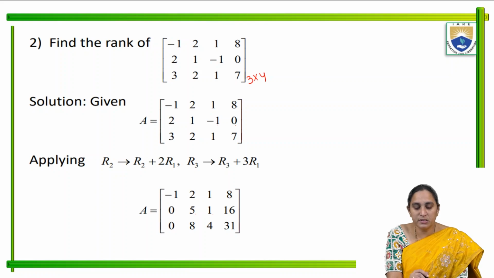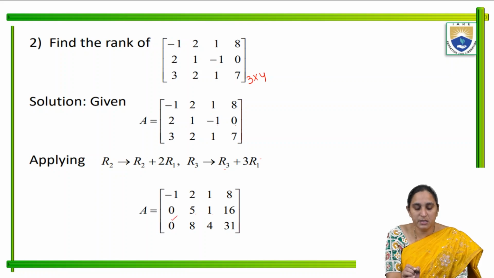And next, again with respect to R1, I'll make the R3 first element 0. What's the row operation for that? R3 plus 3 into R1. R3 first element 3 plus 3 into R1 first element minus 1, 3 minus 3 is 0.